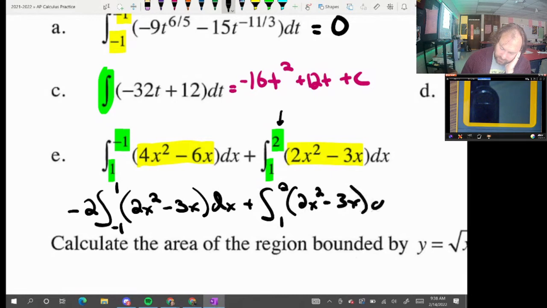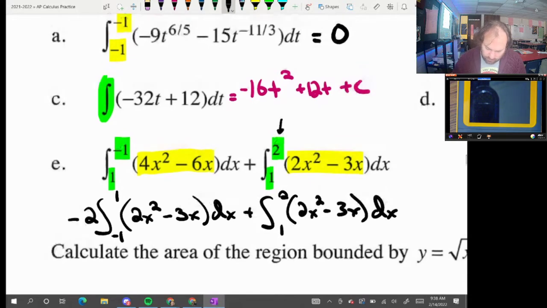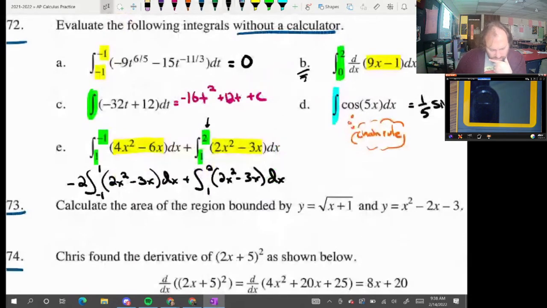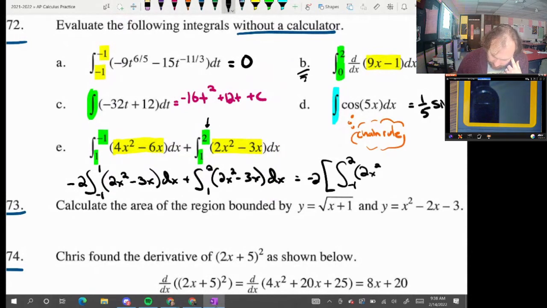The whole objective here is to make this into one integral that I can then think about pretty carefully without doing a ton of work. So, let's see. Yeah, let's just ignore that -2 until the end. Let's do -2 times the one integral from -1 to 2 of 2x squared minus 3x dx.